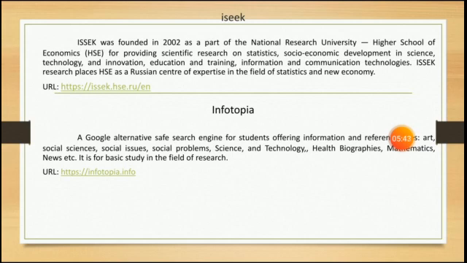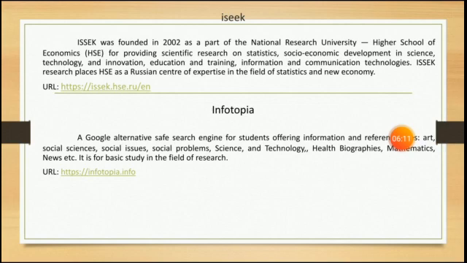It's a research press of the Higher School of Economics, a Russian center of expertise in the field of statistics and new economy. So if you have friends from Russia and the information is required, though it is available on the website, you can use the ISEEC website to get the information.